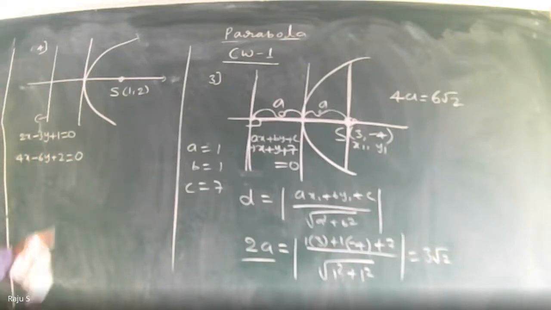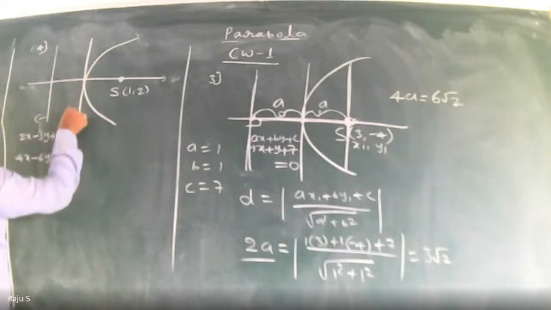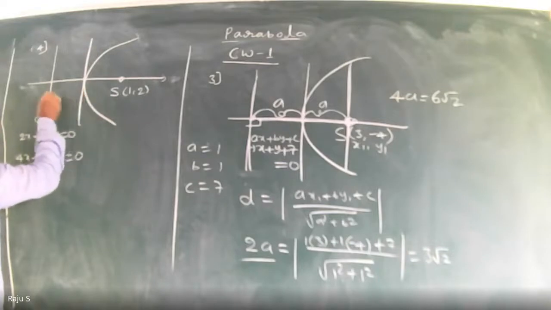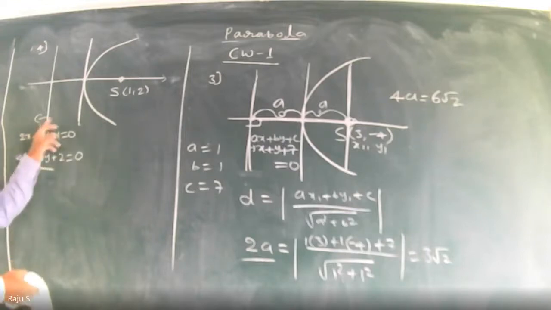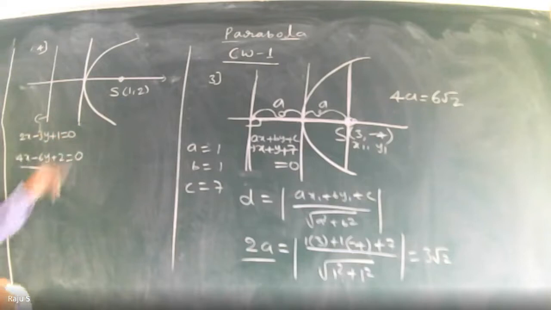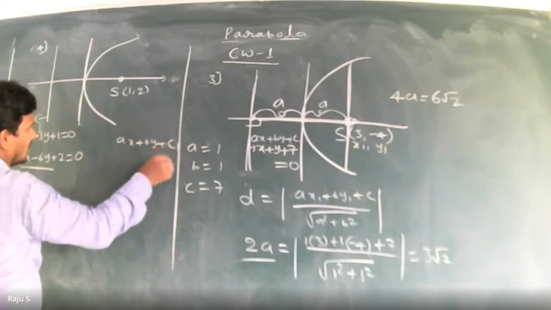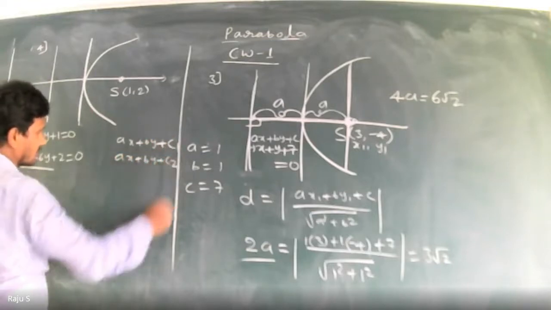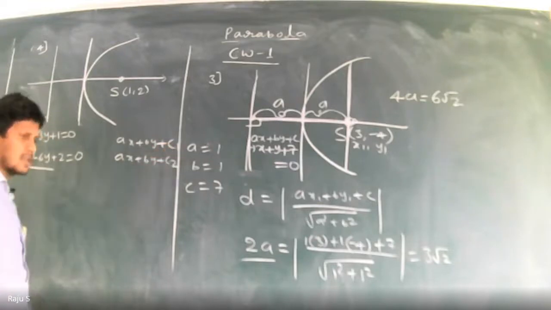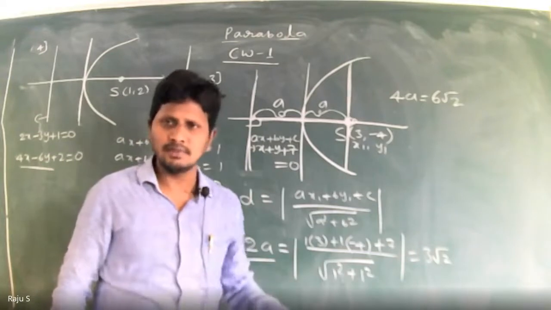The directrix and the tangent at vertex are both parallel, so 4x minus 6y should be common to both lines. If you have two parallel lines, one is ax plus by plus c1 and the parallel is ax plus by plus c2. Only the constant values differ, everything else is the same.